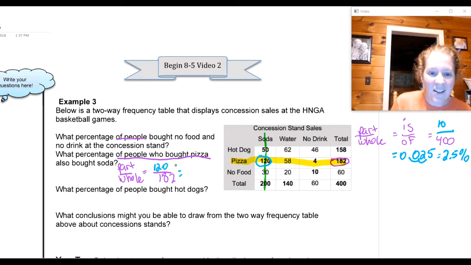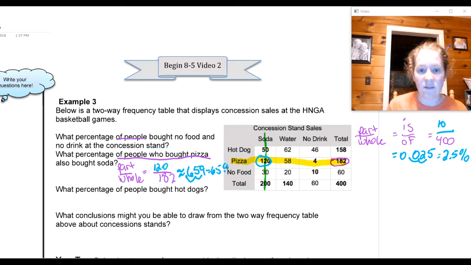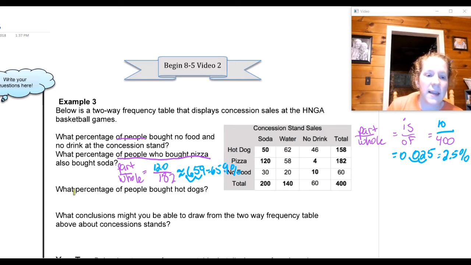Again, it's going to be an ugly decimal. Round it to 2 or 3 decimal places. I'm going to do 3. It wants percentage, so I'm going to move my decimal 2 spaces, and I get 65.9%.